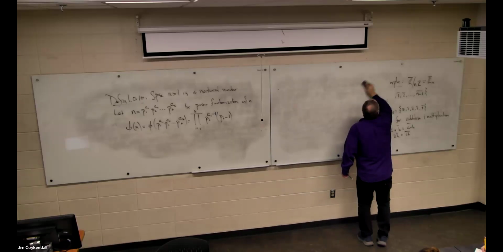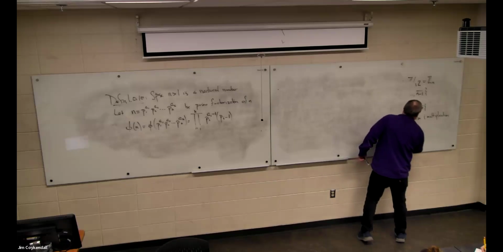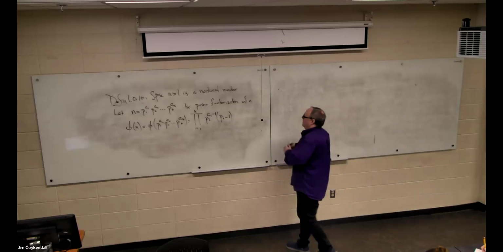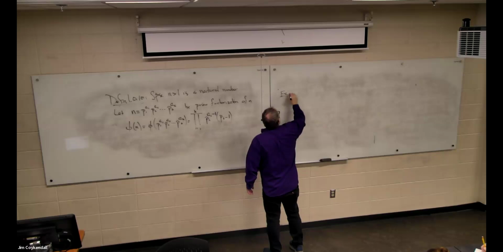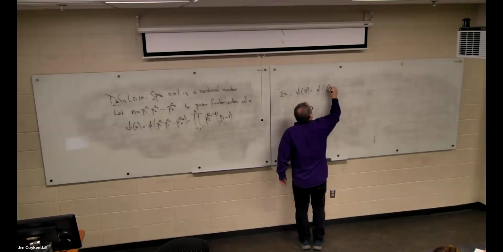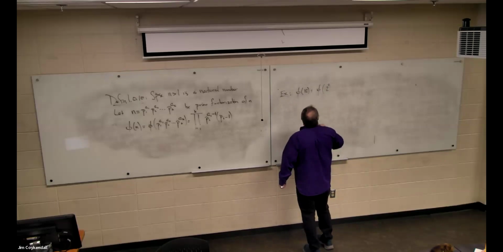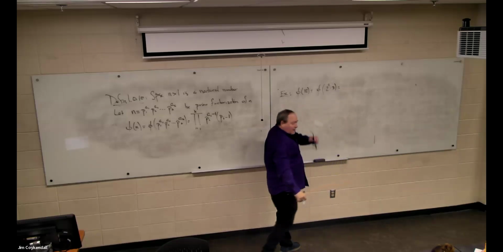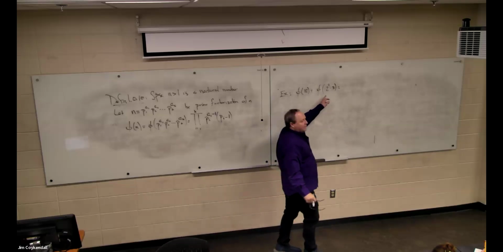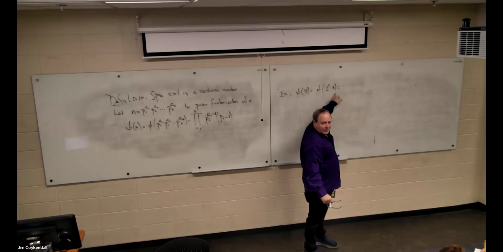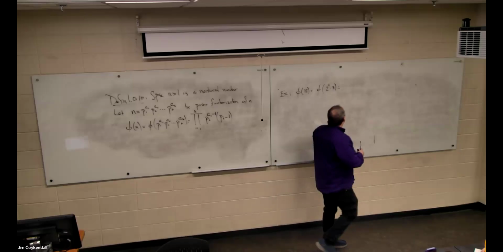Let me do a computation and show you what's going on here. Let's look at phi of 12. Well, the first thing I have to do to make this work is write 12 in terms of its unique prime factorization, which is 2 squared times 3.